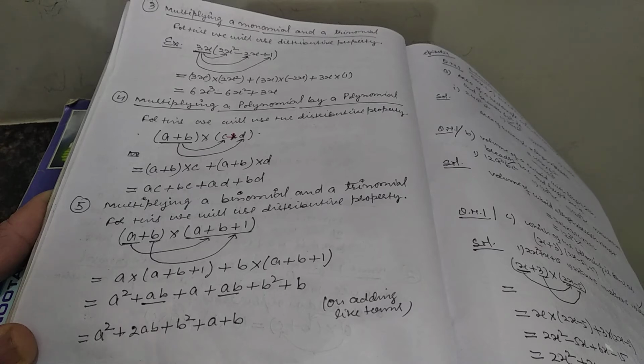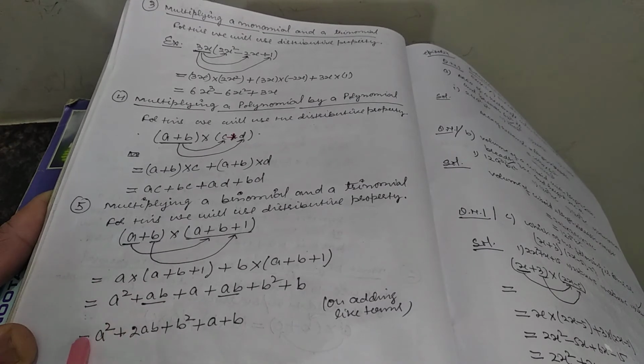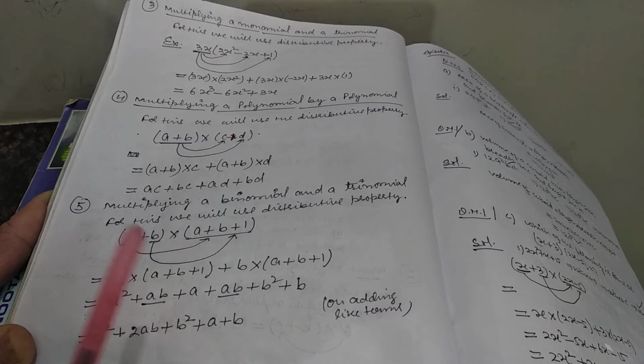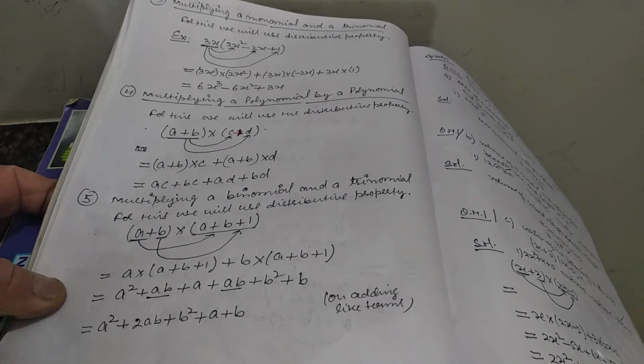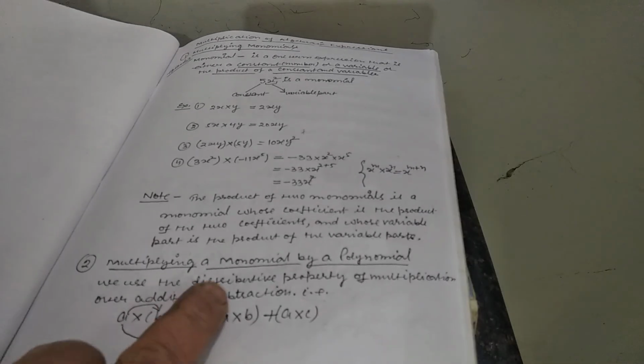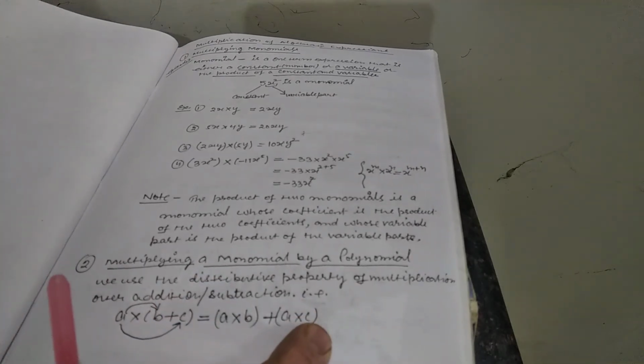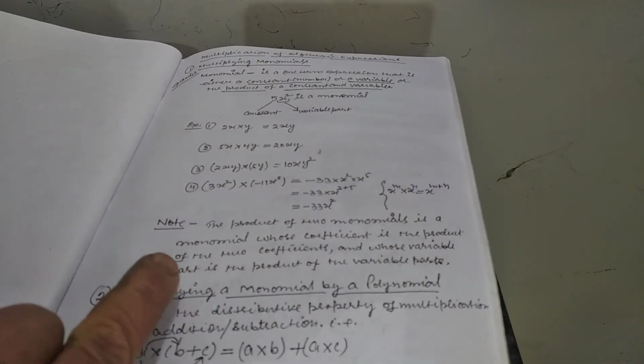So these are the total cases of how we will multiply: the monomial and the trinomial, the polynomial by a polynomial and binomial by a trinomial, and the two cases, the monomial by a polynomial and the other is multiplying monomials.